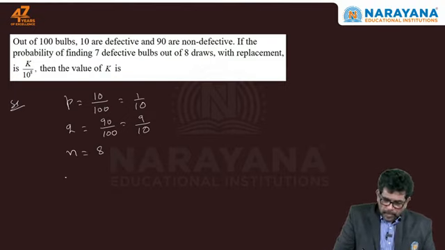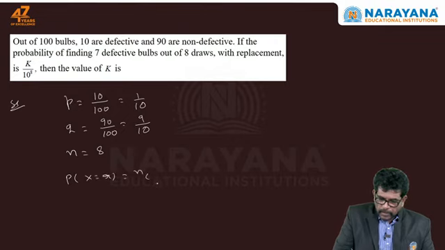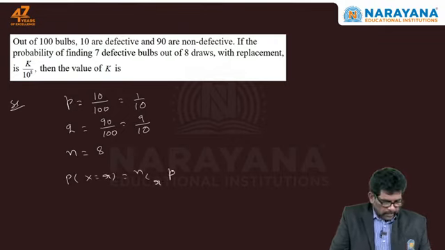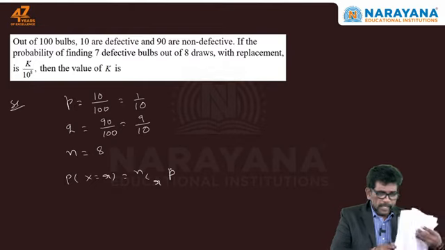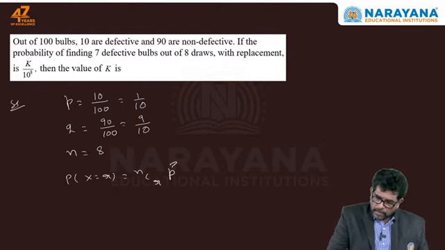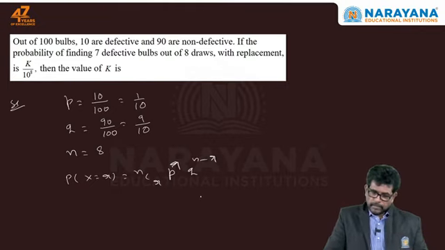The binomial probability of x equal to r is nCr p to the power of r into q to the power of n minus r. Here the success is the defective bulb.